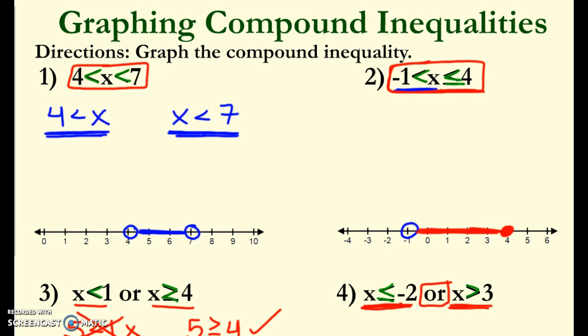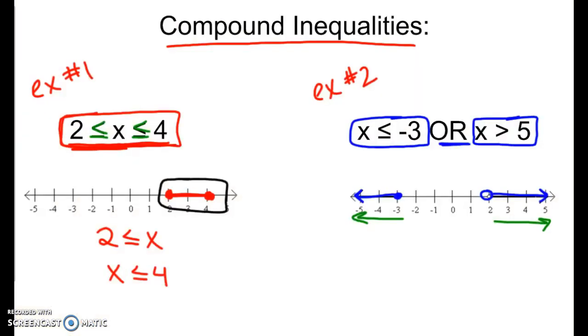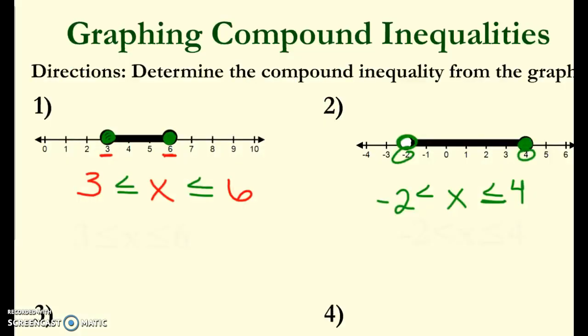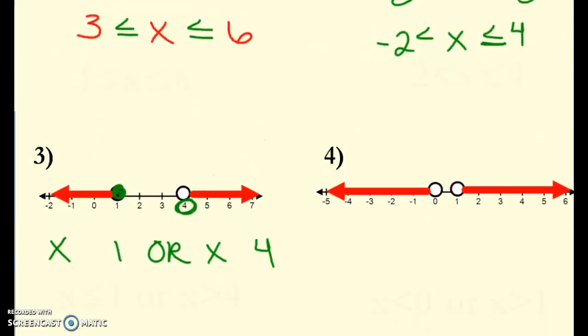Even back on our first example, they're going in opposite directions. So I'm going to put mine in opposite directions. And which one would have the underline on it, the equal to? Well, that would be 1 because it's a closed circle.